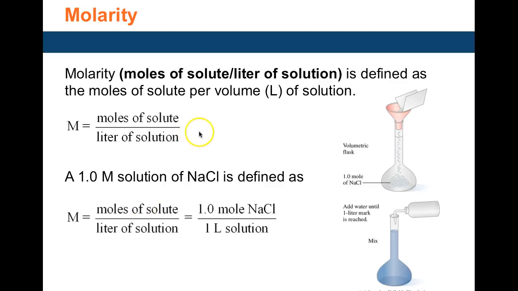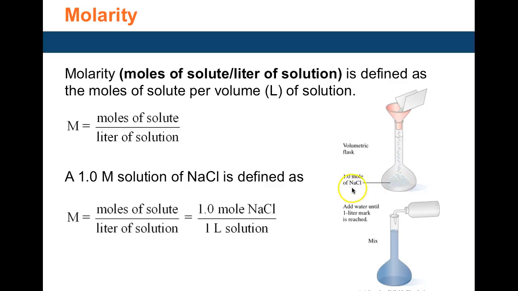All right, then you have the last type of solution, which is molarity, which is moles of solute in a liter of solution. That's the definition of molarity, and it's given the symbol big M. So M means moles per liter. Here you see a mole of sodium chloride. Of course, you're not going to be counting out a mole of sodium chloride.